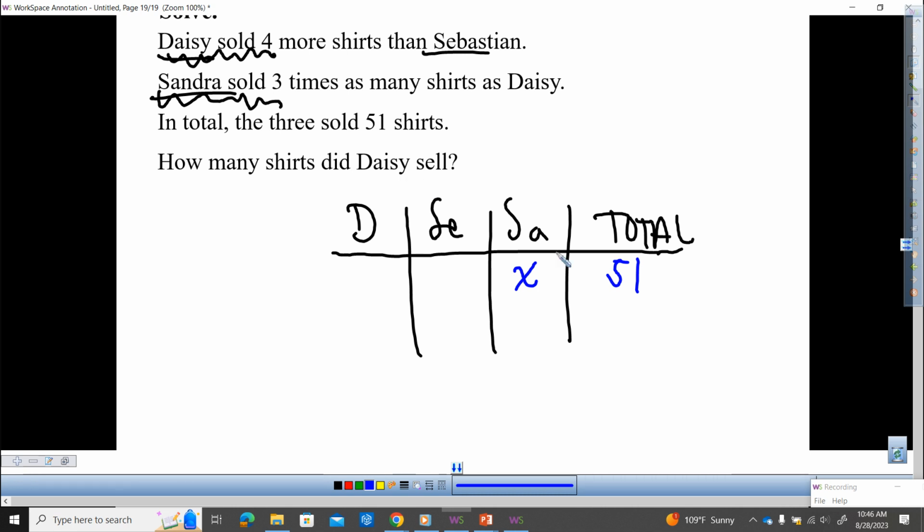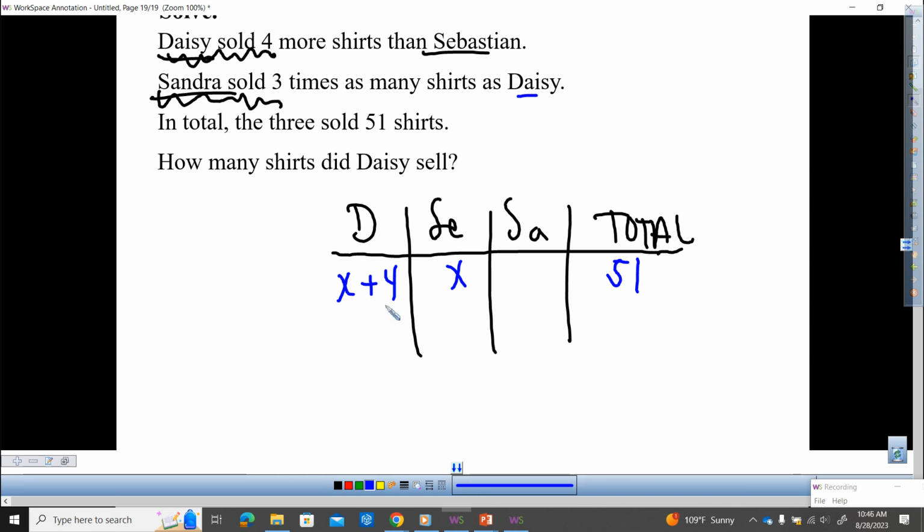Then we read. Oh, my bad. I put it on the wrong spot. Sebastian is X. All right. It says Daisy sold 4 more shirts than Sebastian. So what do I write for Daisy, everyone? X plus 4, or 4 plus X. That's fine. Then it says Sandra sold 3 times as many as Daisy. Be careful with this one. 3 times as many as who?